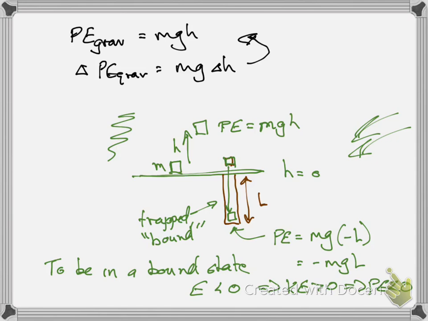That's perfectly fair for things near the surface of the Earth. But when we're talking about gravitation at a larger scale, we're going to define our h equals 0 slightly differently, to talk about when things are bound, in this case in orbits, versus when they're unbound.